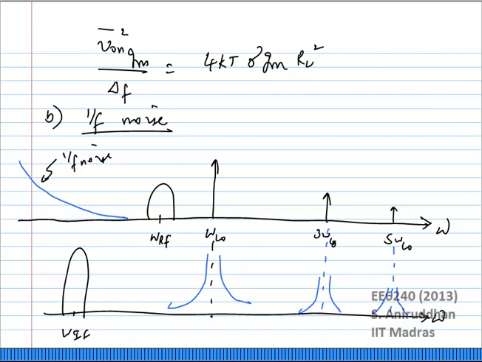What happens if there is asymmetry between the LO parts? If it is not purely differential? It will have some DC component, correct? Similarly, it will also have a 1 over F component at the output.